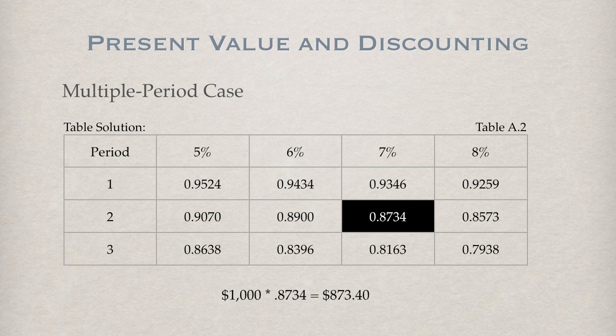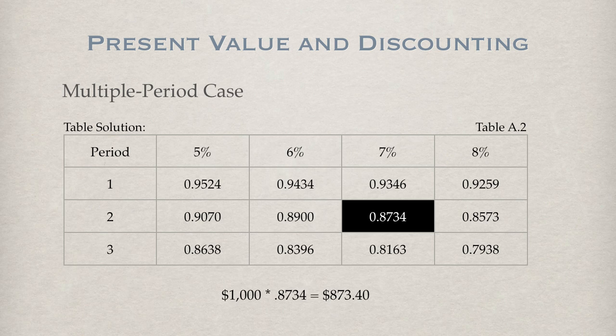In addition to working the problem utilizing our calculators, you can also utilize Table A2 in the back of your book, which is titled Present Value of $1 at the End of T Periods. This table can be used to derive the present value of a lump sum investment. To utilize this table, we have to consider the interest rate we are going to receive and the time period we are investing. In this case, we are going to receive a 7% interest rate for 2 periods.